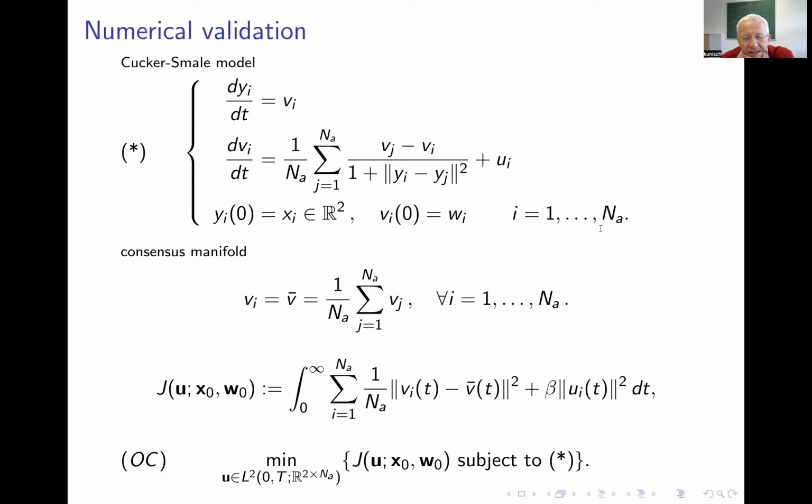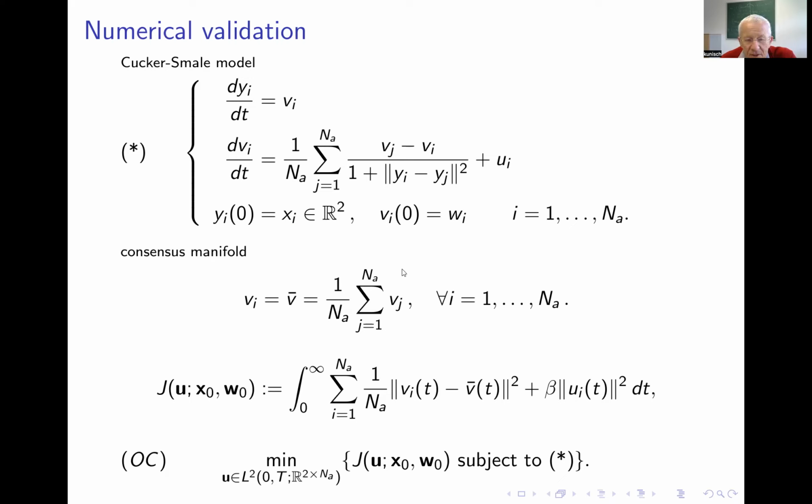So on the next slide, we are going to have 20 agents, and each agent has two coordinates. So we have 40, and we have the location and their velocity, so it's an ODE of dimension 80. We don't want to go to the origin now. We want to go to what's called the consensus manifold.